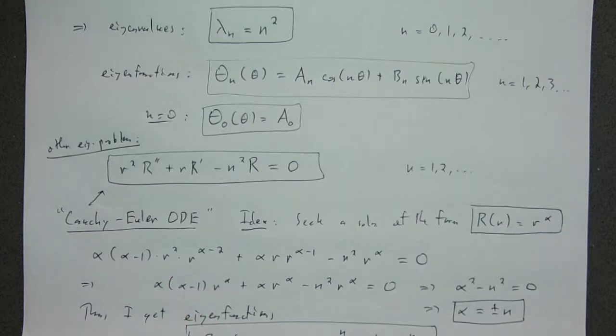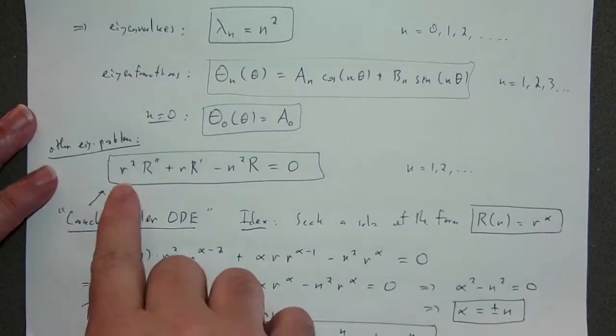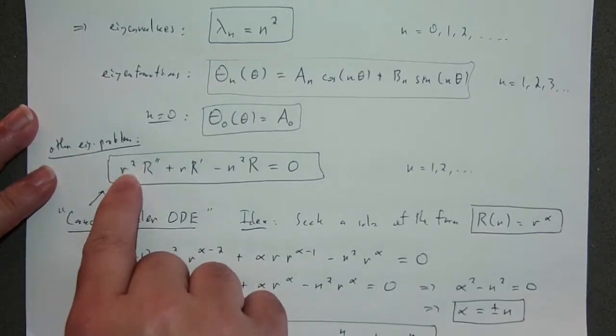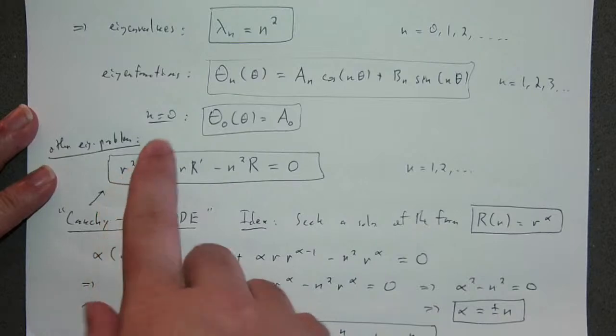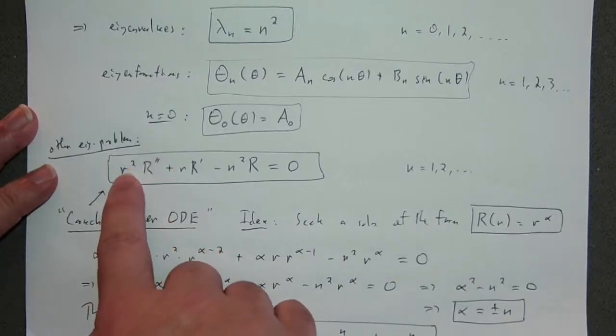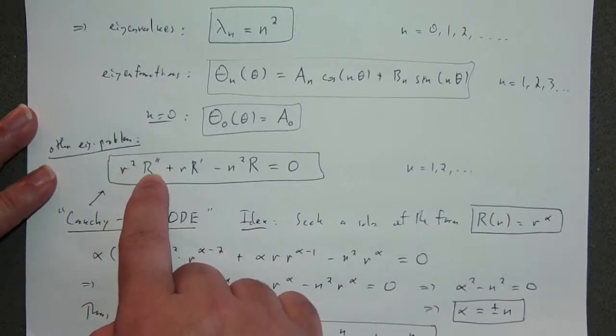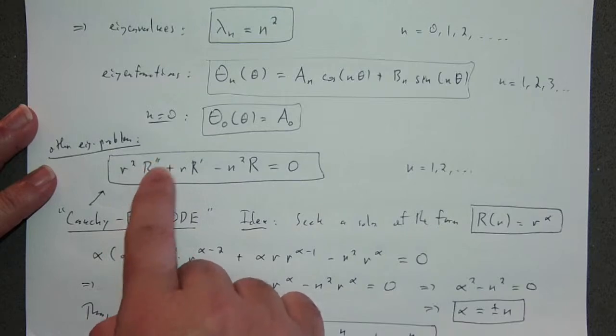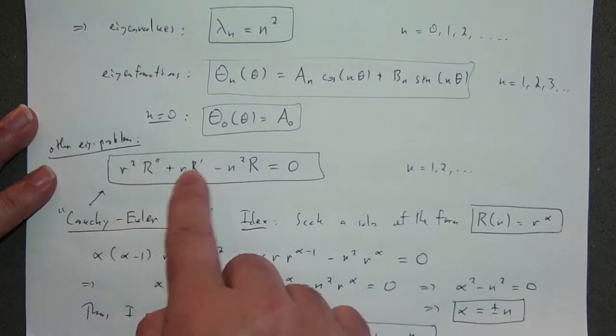In this case, this is a very, very special type of ODE called a Cauchy-Euler ODE, where, first of all, it's polynomial, but it's even more special than that. The exponent on R here is the same as the order of the derivative on the big R term, right?